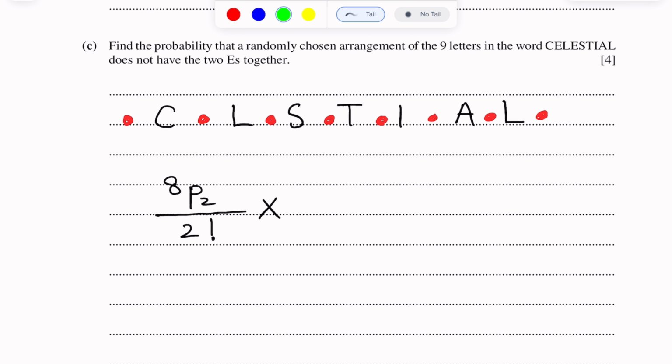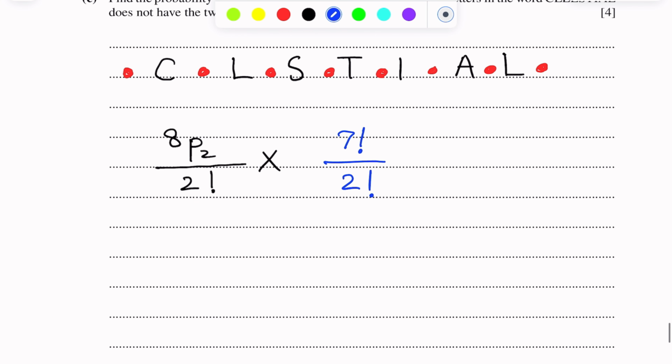So we write here 7 factorial over 2 factorial, because two L's are repeated. Now we use the calculator to find this.